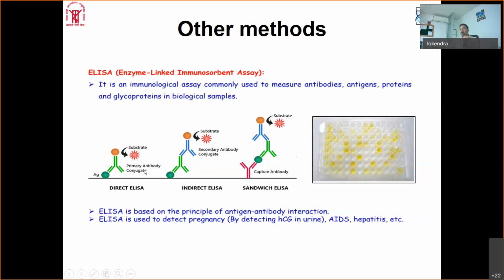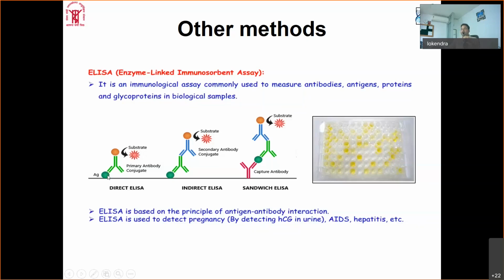If the antibody is already linked with an enzyme which can react with a substrate, that is what we call direct ELISA. So direct ELISA directly identifies the antigen without the addition of any secondary antibody. The antigen is a virus particle or certain proteins that we want to identify, and this antibody is complementary to this antigen.